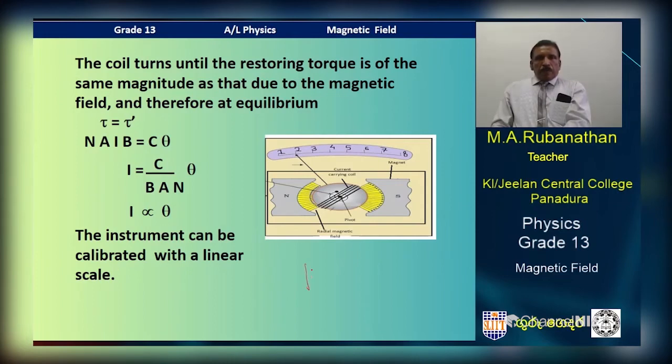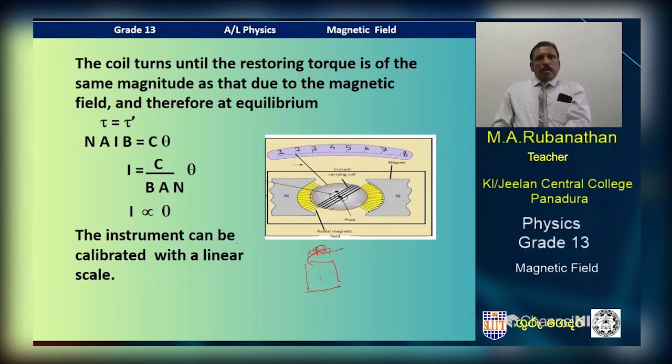The coil turns, and the suspension spring makes an opposing torque on the coil, so at once the coil comes to rest. When the coil comes to rest, we say that is the equilibrium position. These two torques are equal at equilibrium.